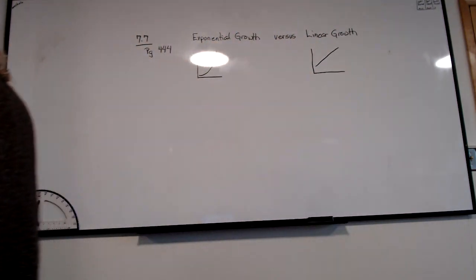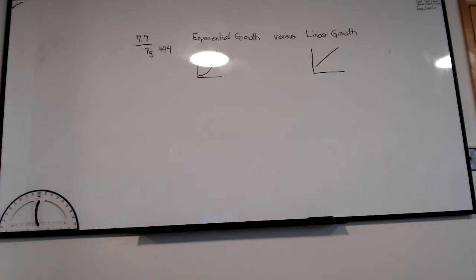So what we're trying to figure out is whether we're looking at a linear model or an exponential model. Depending on which you choose, you get drastically different answers for the future. Okay, so that's something we look at.